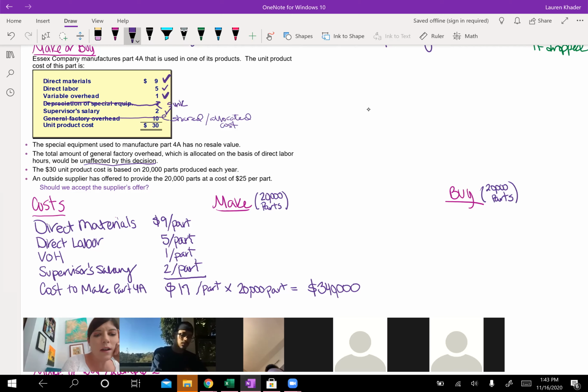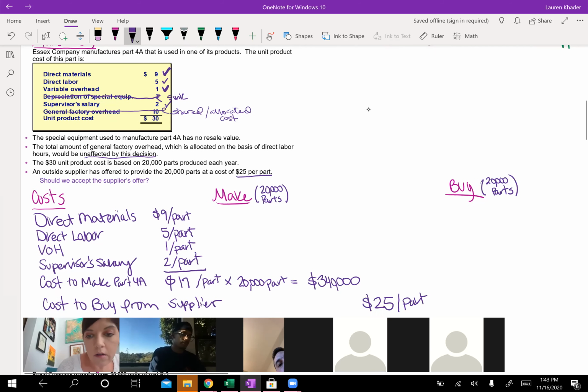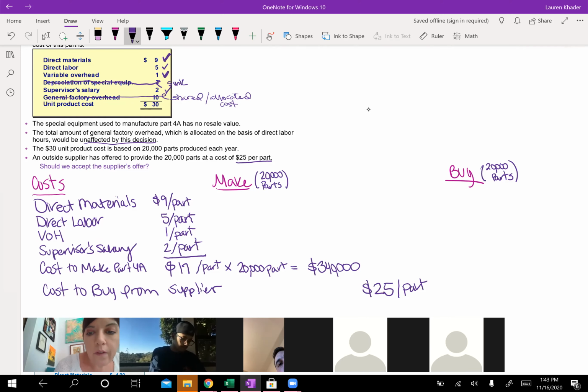On the buy side, we have the cost to buy from the supplier. And per part, it's $25, right? That's what our quote was. Times 20,000 parts.